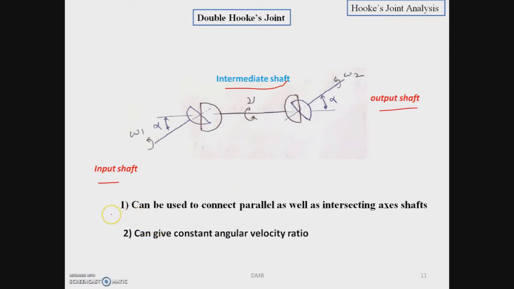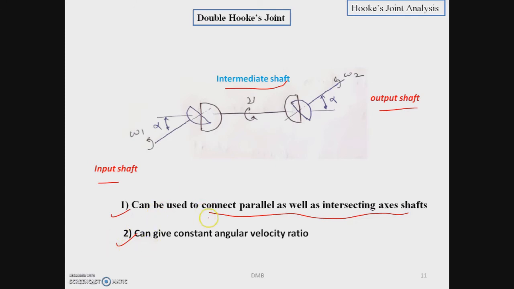The double Hooke's joint can be used to connect parallel as well as intersecting axis shafts, and it can give constant angular velocity ratio. Unlike the single Hooke joint, which was used to connect non-parallel and intersecting axis shafts, the double Hooke's joint can be used to connect parallel as well as intersecting axis shafts.